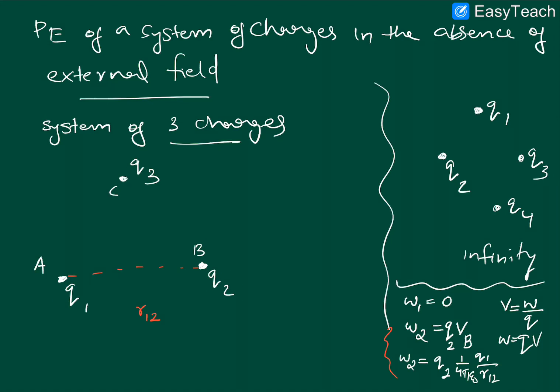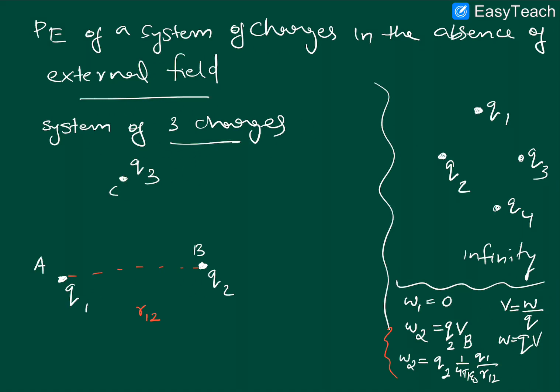Both these charges will exert a potential at C. Q1 will exert a repulsive force at C, Q2 will exert a repulsive force at C. You are bringing Q3 to C. So Q3 will experience repulsive force from Q1 as well as from Q2. And you can say that there will be potential at C due to Q1 as well as due to Q2.